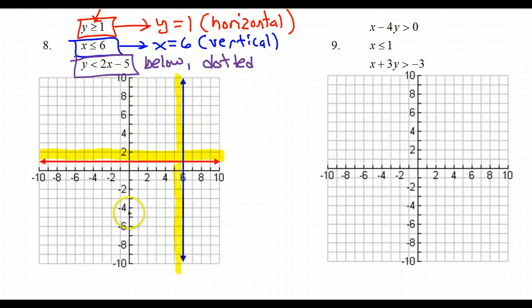So we start at -5 and then go up 1, right 1. Okay, now I'm going to draw my dotted line. So that's going to look like this so far. Now it's time to do the shading below. So I will put just one small band of shading below the line.